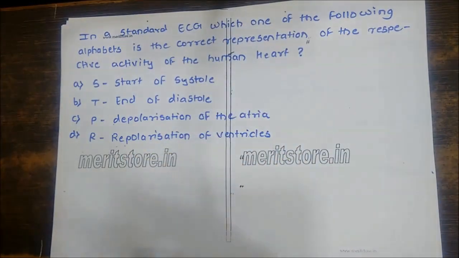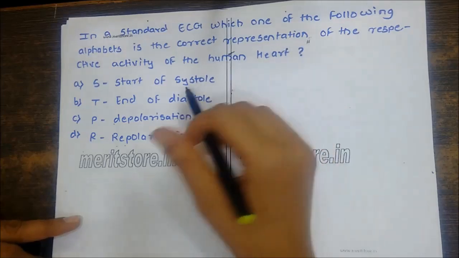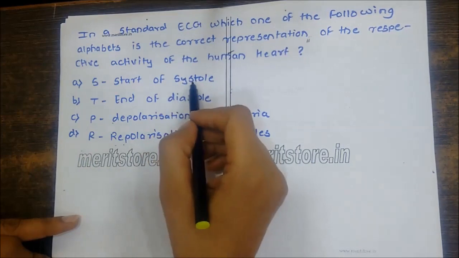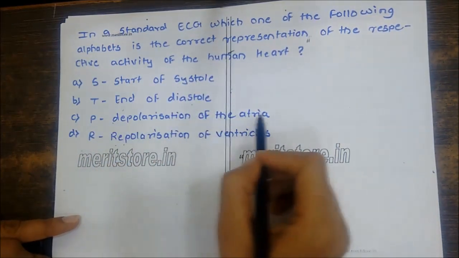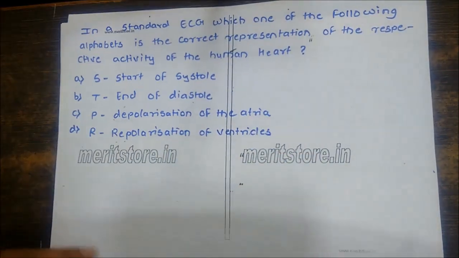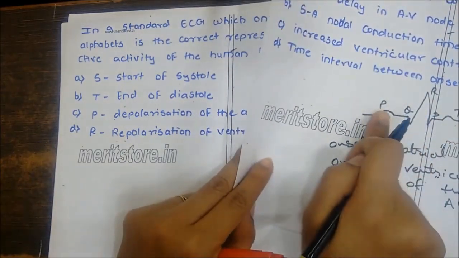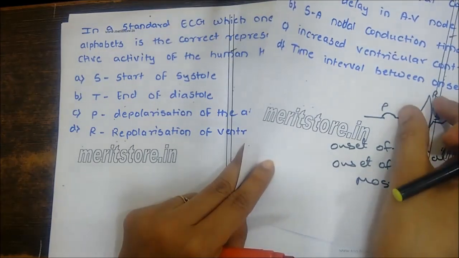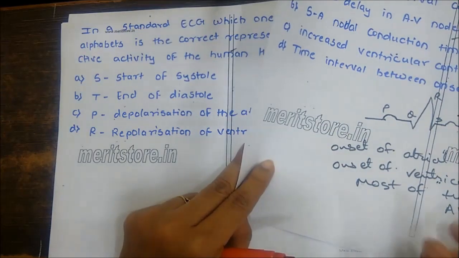In a standard ECG, which one of the following alphabets is the correct representation of the respective activity of the human heart? A is S start, the systole; T end of diastole; P is depolarization of the atria; and R is the repolarization of the ventricles. P is the depolarization of atria, and QRS is the depolarization of ventricles, and T is the repolarization of ventricles.